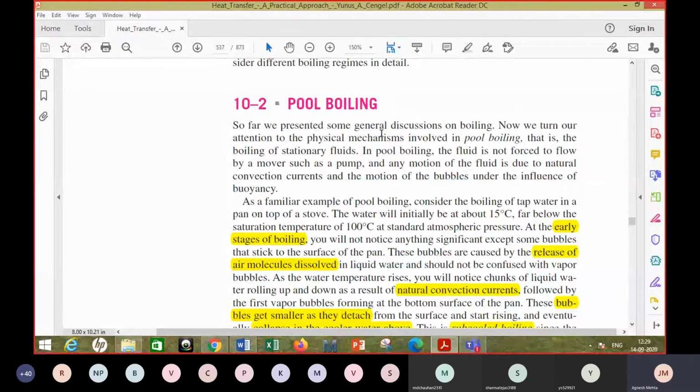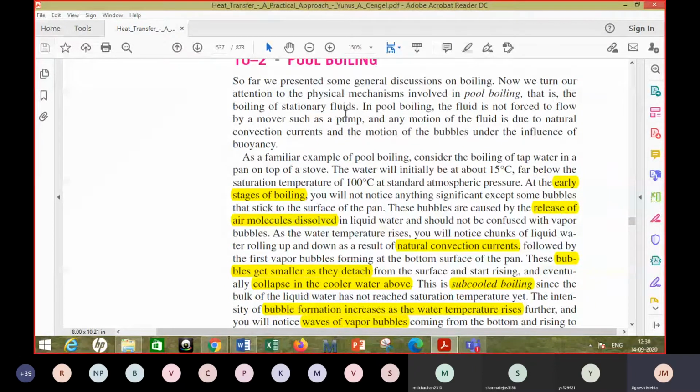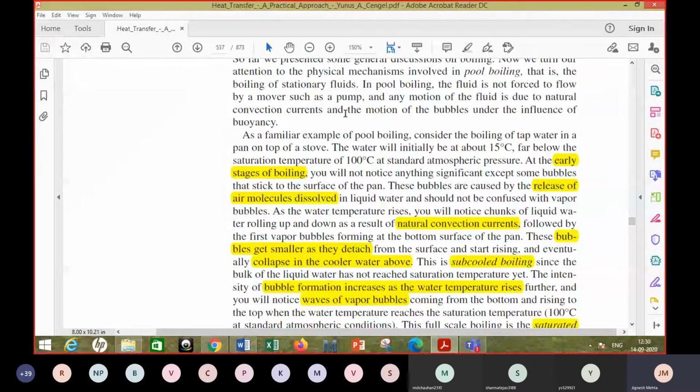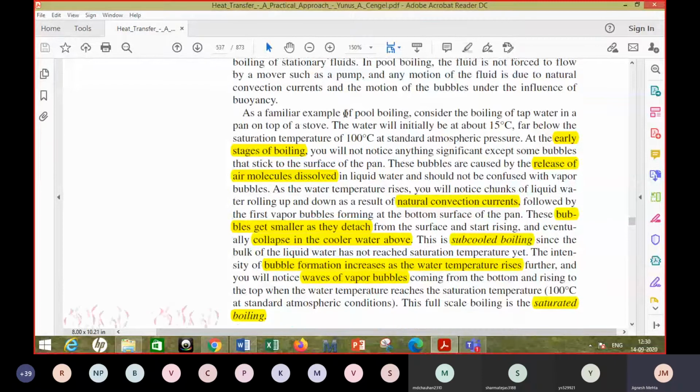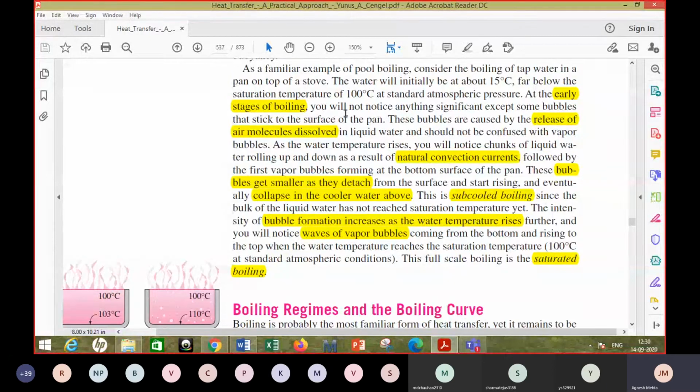Okay, so now let's focus on the pool boiling, and of course, it will start with subcooled boiling, and then we will discuss the saturated boiling. So the pool boiling most of the times is discussed with the help of a curve called the boiling curve. Okay.